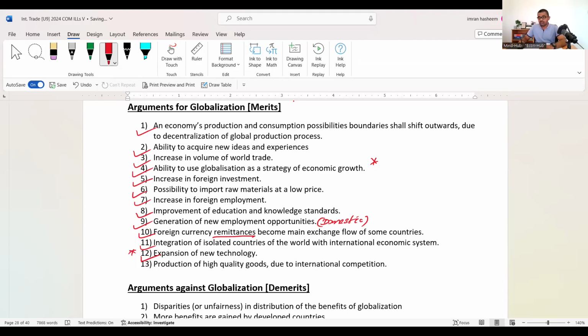That connects with the second point also. 13, production of high quality goods due to international competition. So I would say 13 and 14 are things that you should try to remember in your basket of advantages.